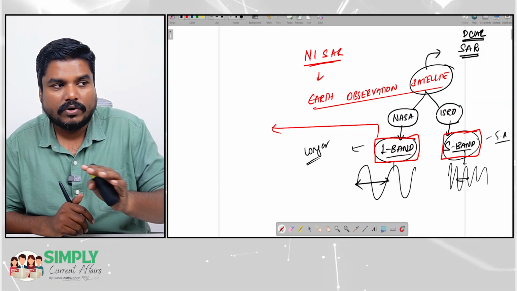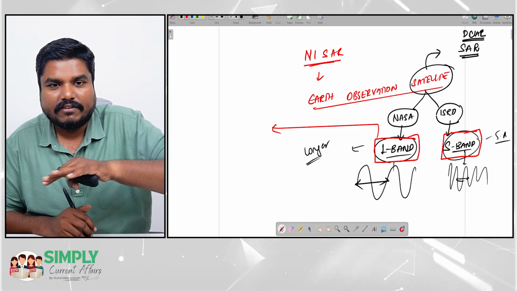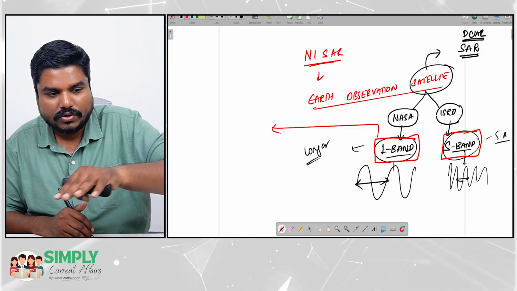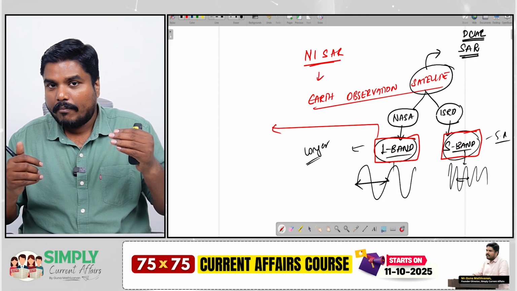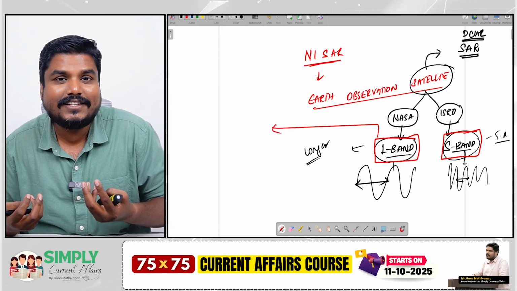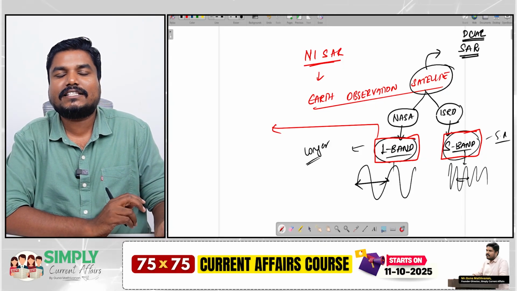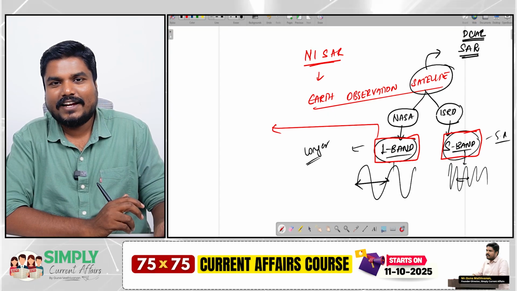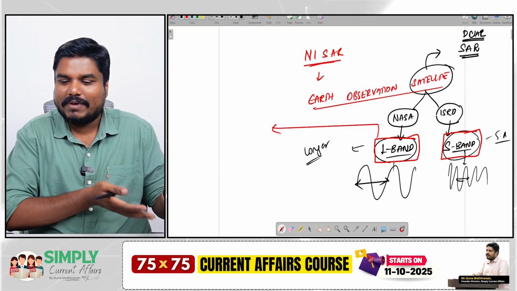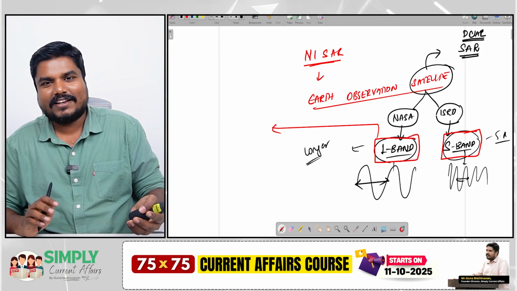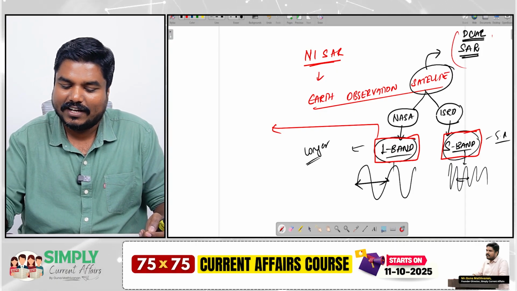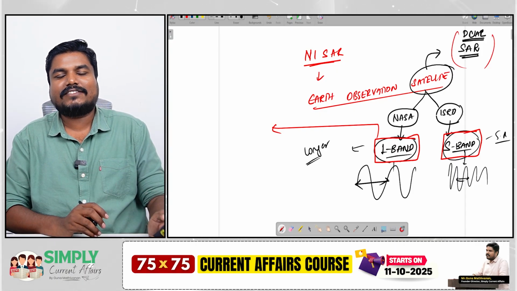Now you want to know about the cropping pattern, the infections happening in the cropping pattern, the aquatic ecosystem, the forest density, whether the forest is increasing or decreasing, you can go for S band radar, right? So NASA has given L band radar, ISRO has given S band radar, both put together is a dual SAR, which is a part of this NISAR.